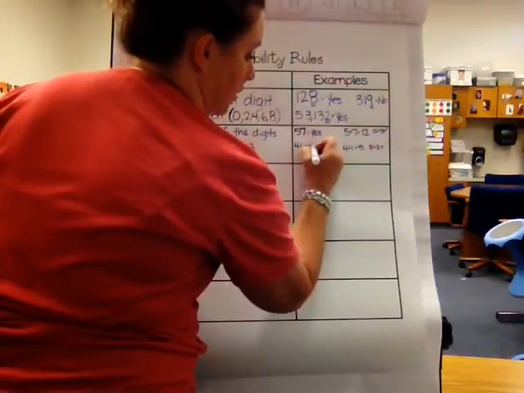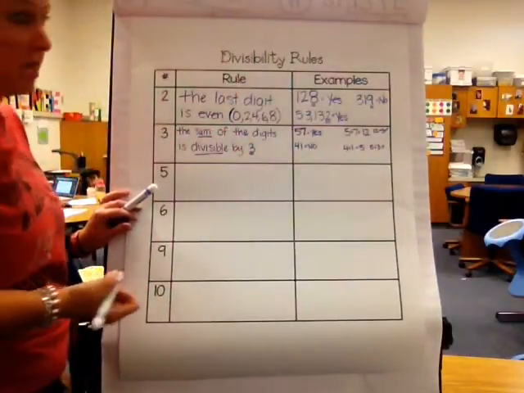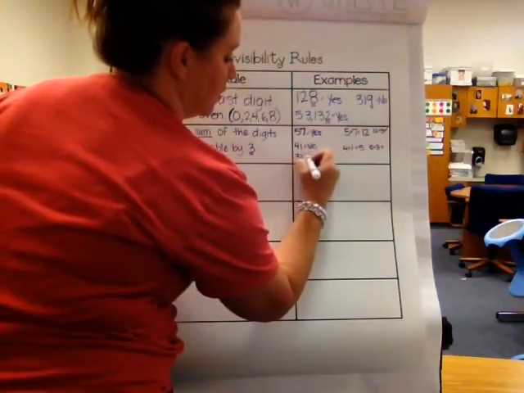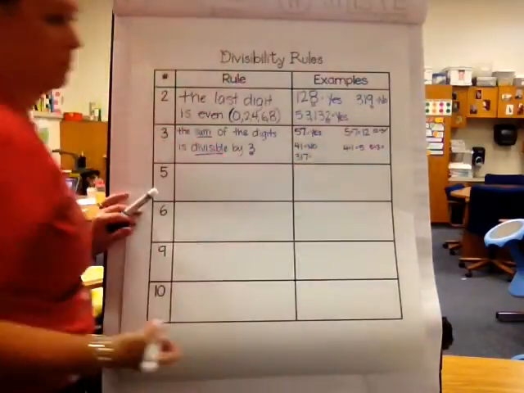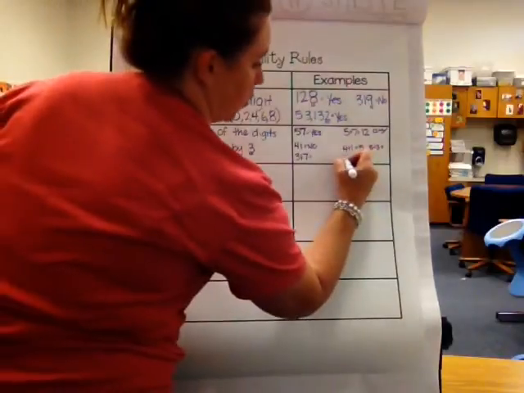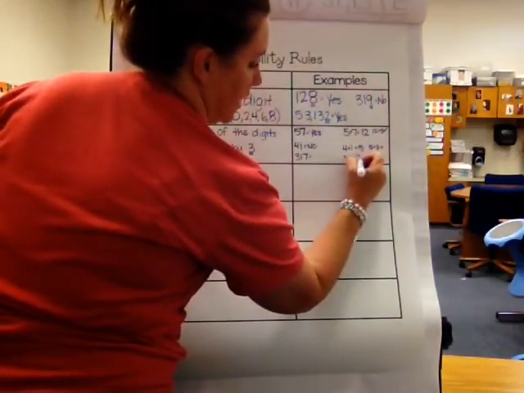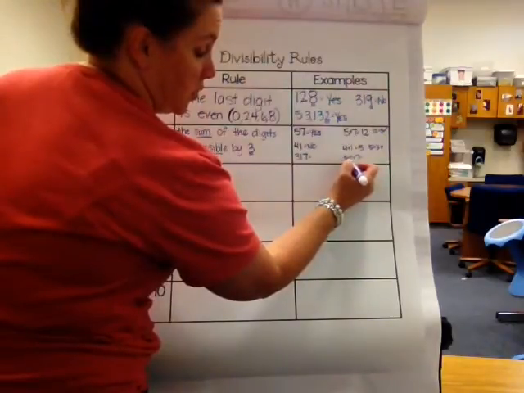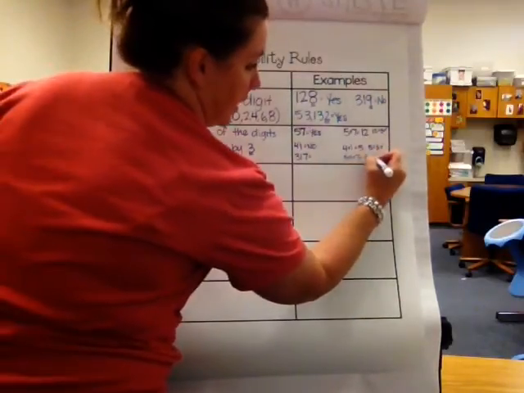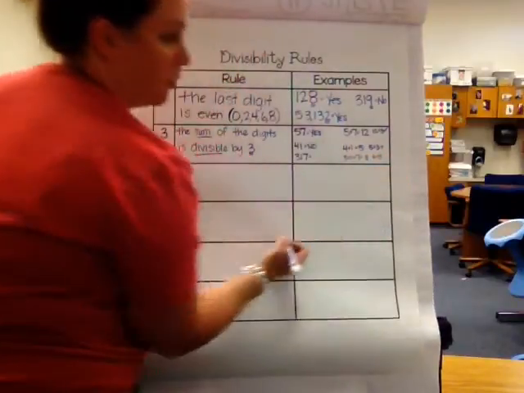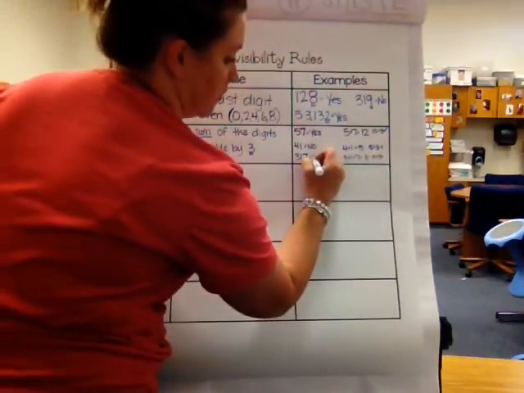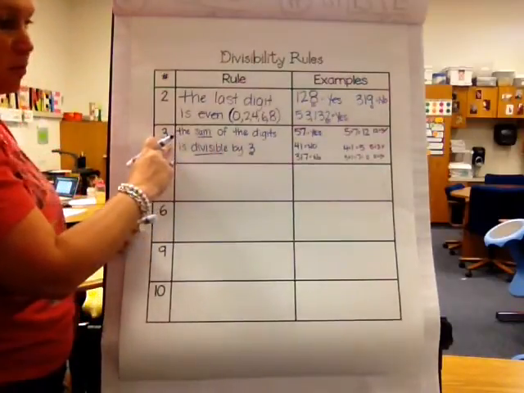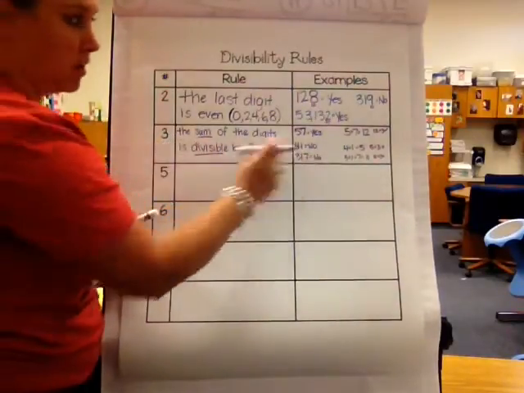So therefore, no. Take a 3-digit number, it doesn't matter: 317. 3 plus 1 plus 7 is the sum of my digits. 7 plus 3 is 10, plus 1 is 11. Can I divide 11 by 3? No. So again, if I were to divide 317 by 3, I would have a remainder because it's not divisible.